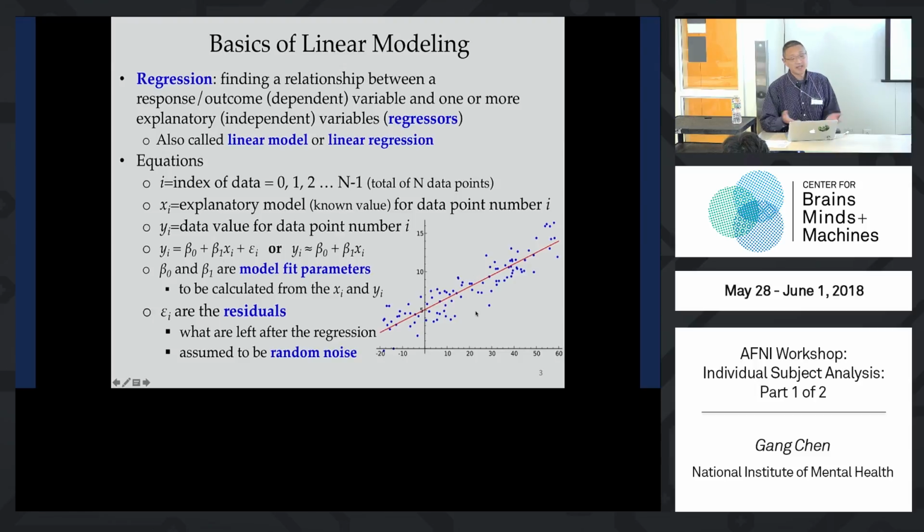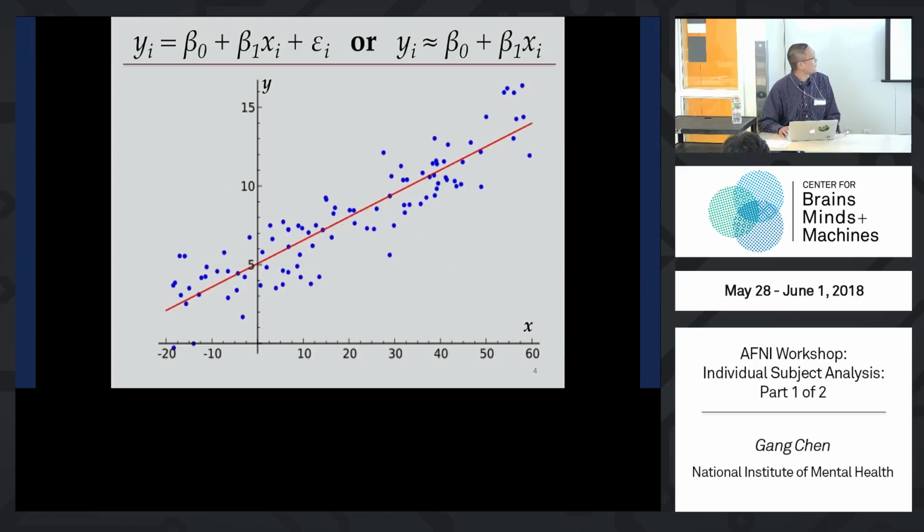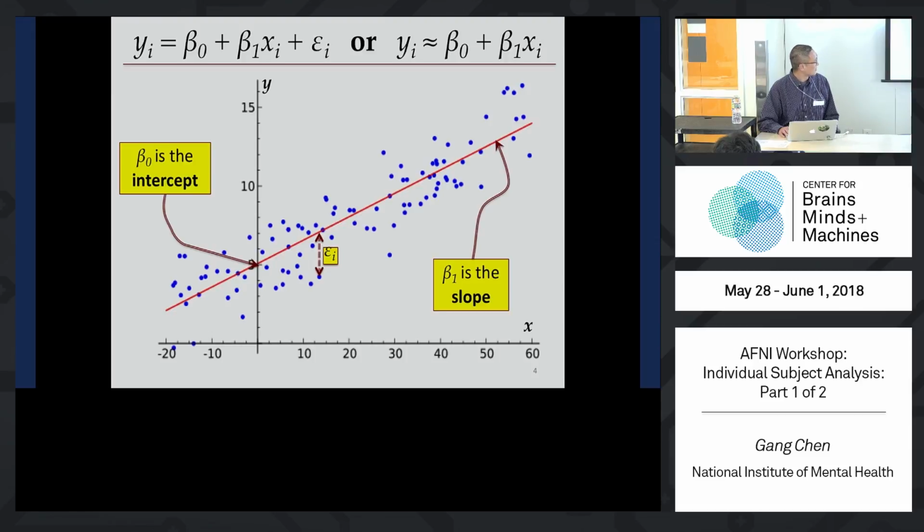On the right-hand side, it shows such a simple curve, right? We have some pairs of X and Y, and we try to fit them with a straight line. That's why it's called a linear model. That's pretty straightforward, but let's repeat it. For each straight line we need two parameters: one is the intercept, the other is the slope.